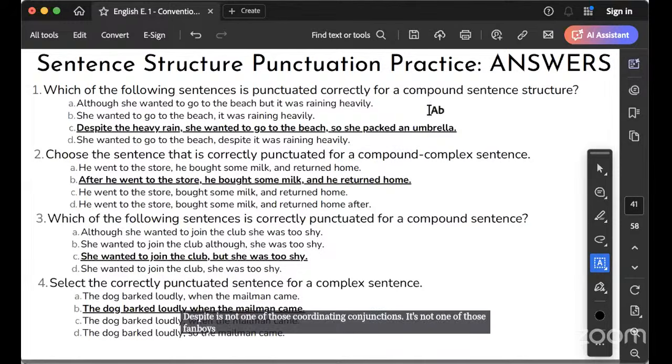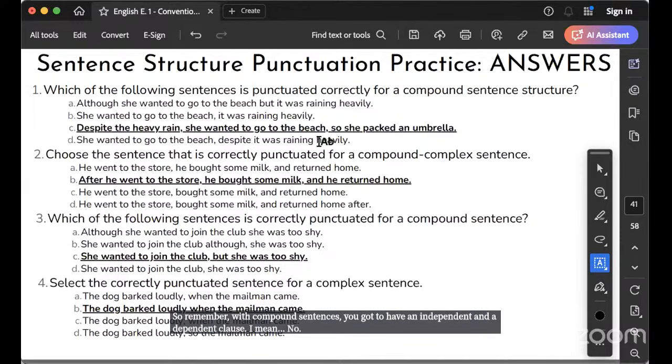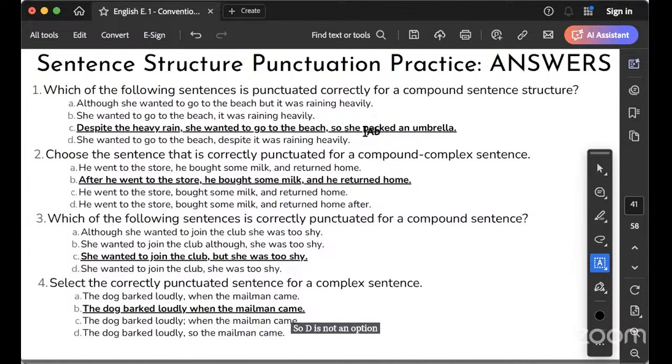FANBOYS are what are used, if you're going to put the comma there, to connect independent clauses in compound sentences. This is a dependent clause. So remember, with compound sentences, you've got to have two independent clauses, just like you did in C. So D is not an option because it's got a dependent and an independent clause, and you've got to have two independents.